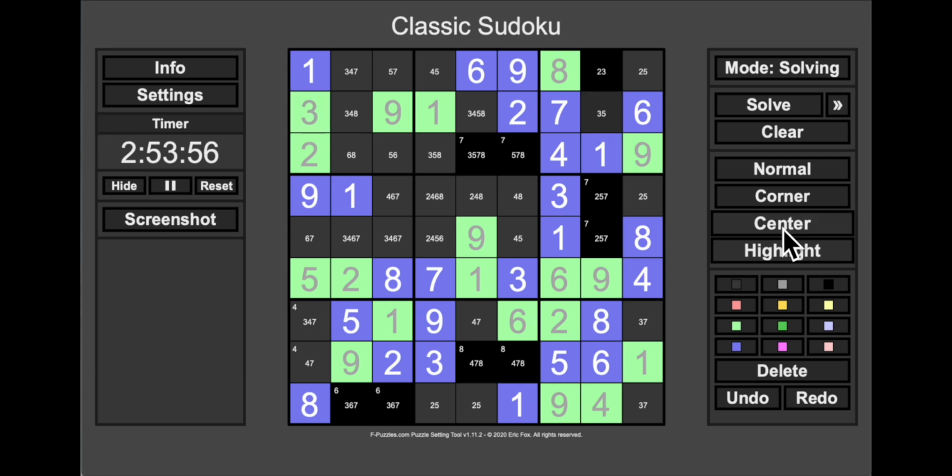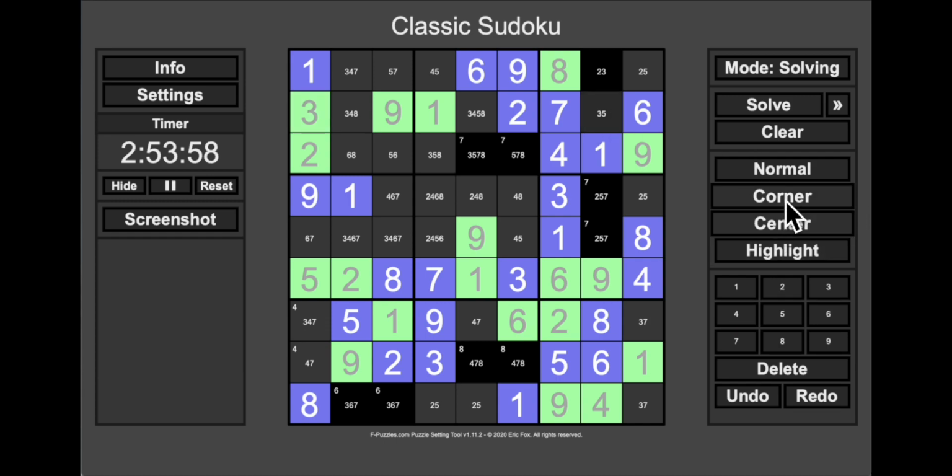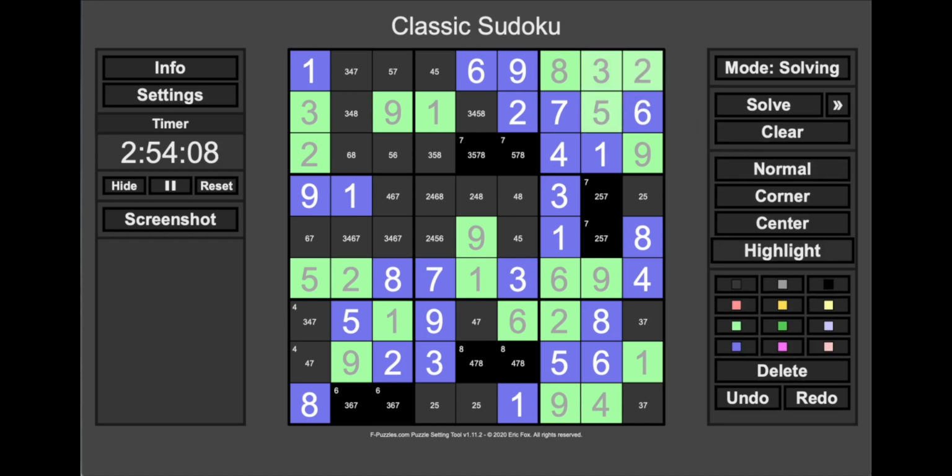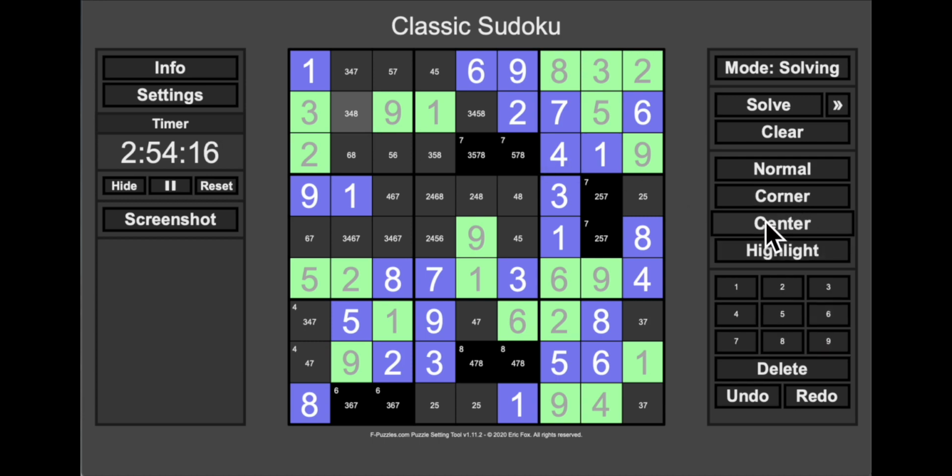Three forces that to be a 5. 5 forces that to be a 2. That's a 3. These theoretically are good digits. These are 4 and 8 left in row 2.